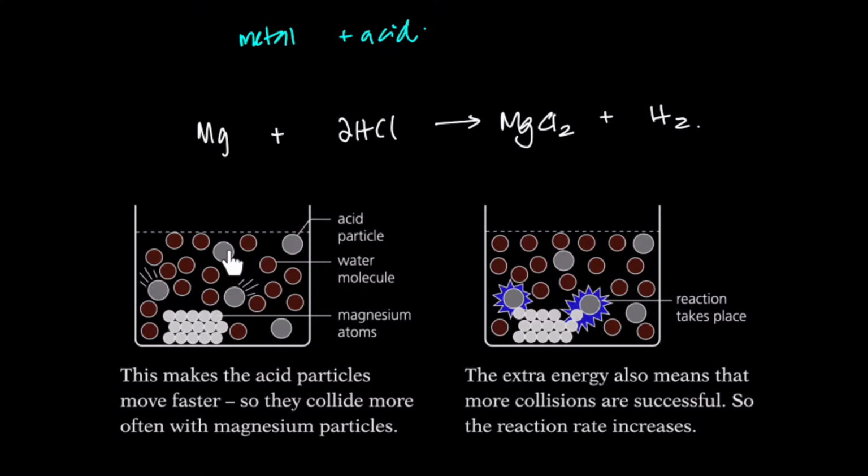This is magnesium and the gray particles are acid, but they also have extra energy, because when they move faster, their kinetic energy, EK, increases. This extra energy also means more collisions are successful. So temperature does two things. It increases the frequency of collision, and also the proportion of successful collisions. All right.